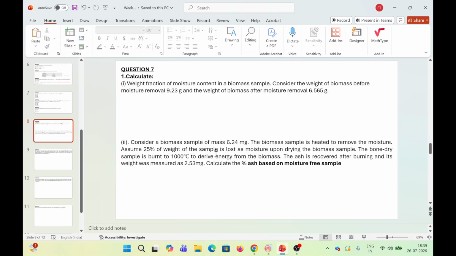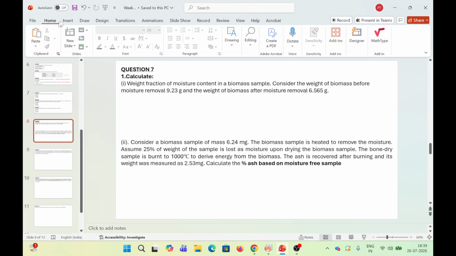What's the answer for the first one? 28.9%.